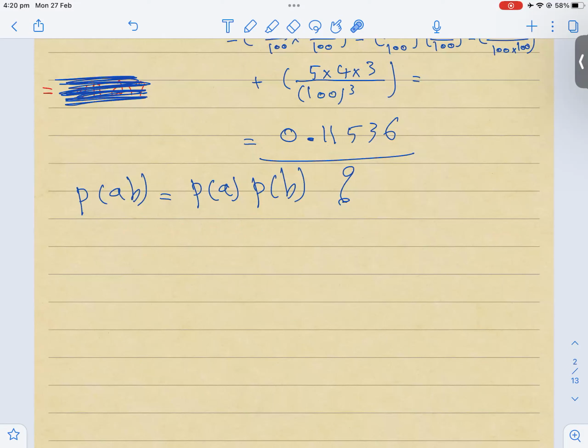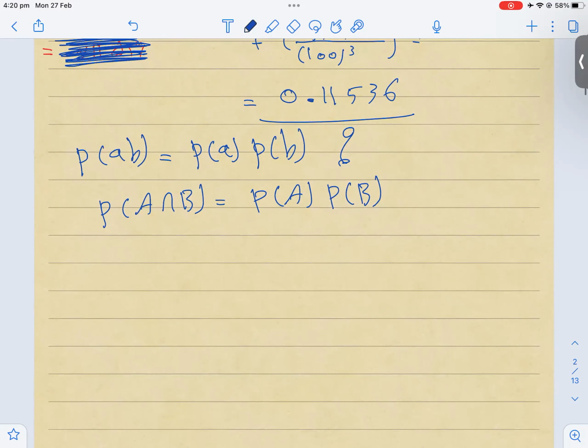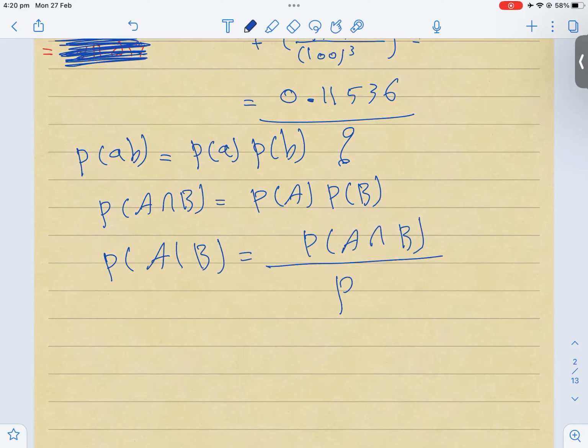Statistically independent. Okay, so let's assume probability of A given B. I can write probability of A intersection B divided by what?